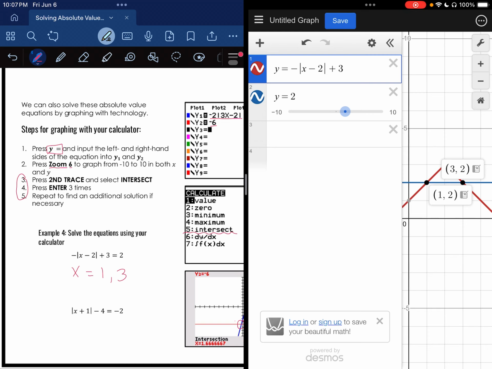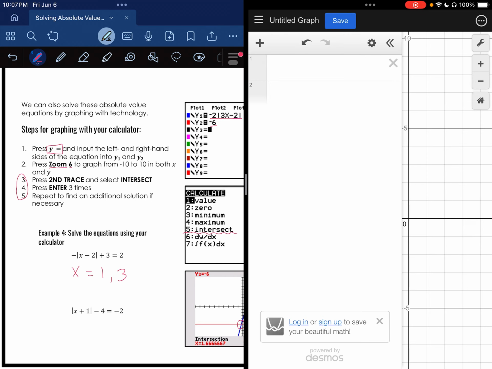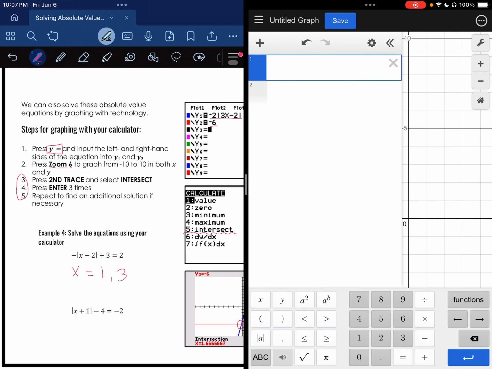All right, and then let's do another one. So just clear those out. We're going to do the absolute value of x plus 1, plus your absolute value bar, minus 4.